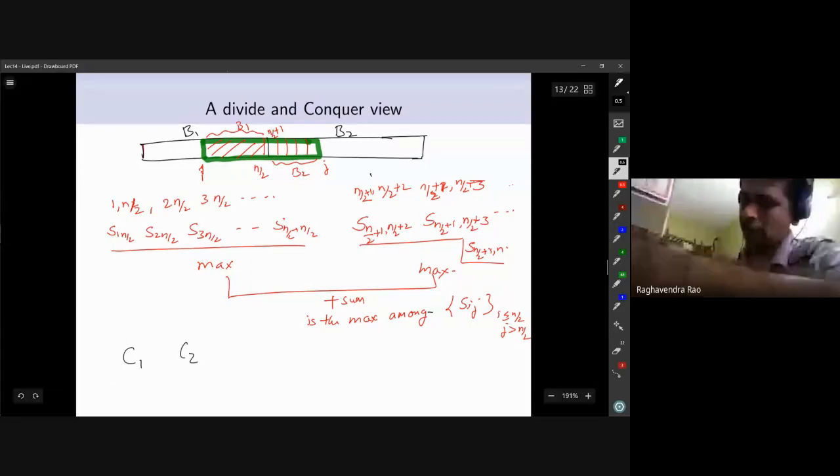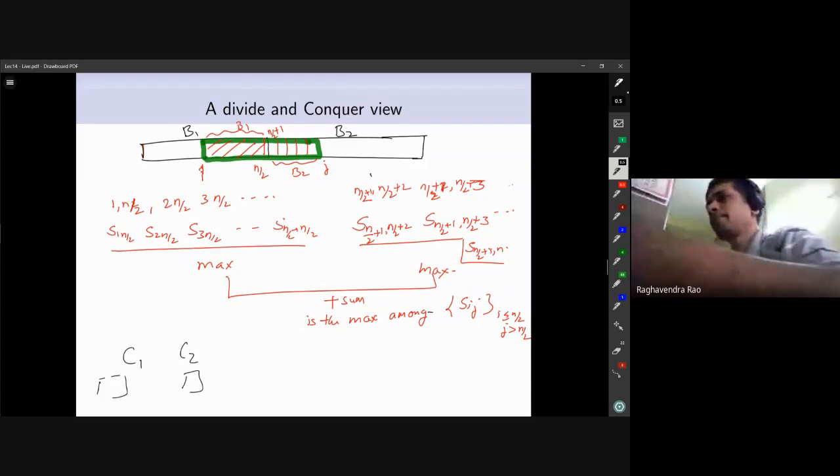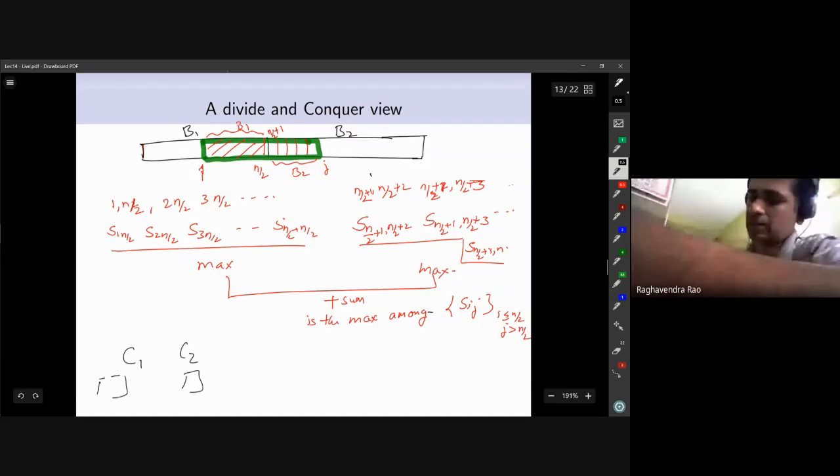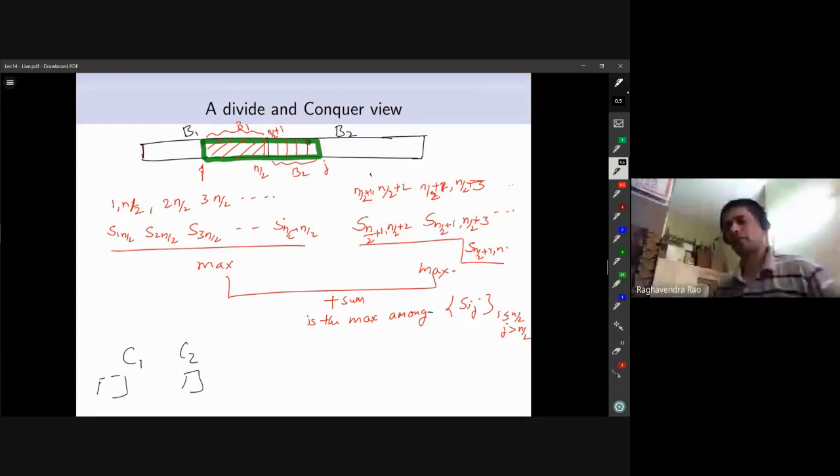So this is a set of elements, and this is a set of elements. I want a pair from C1 and C2 such that their sum is the maximum. How do you do it? You take the maximum in C1 and the maximum in C2 and add them. That's the only possibility, right? You cannot get anything better. Does it make sense? That's exactly what we are doing.